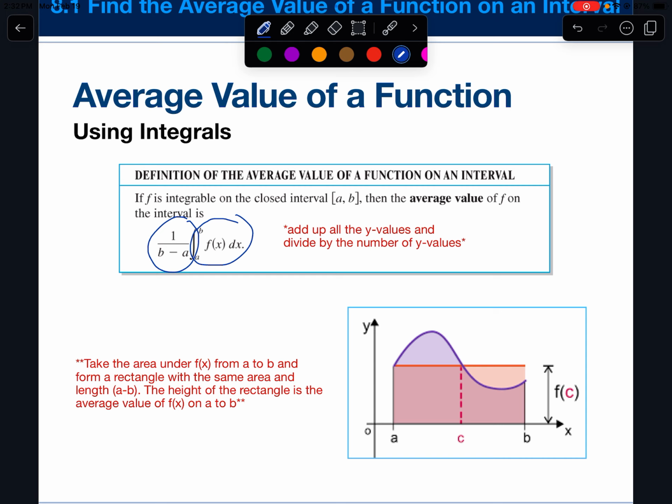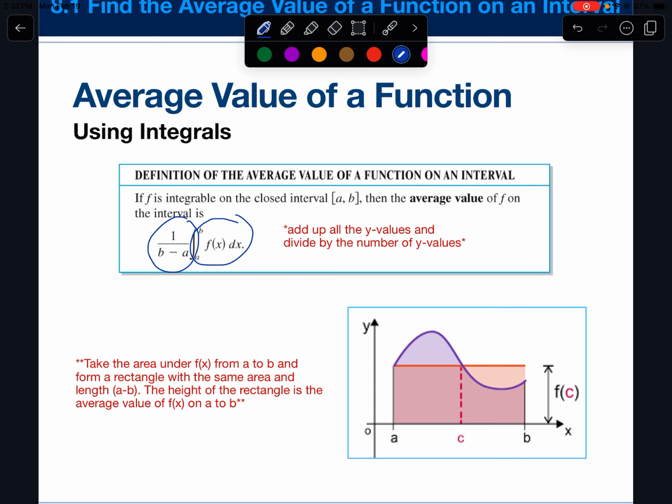From a more graphical perspective, and this image does a decent job of showing it, to find the average value of a function f of x on a given interval from a to b, remember that's kind of the average height or the average y value, what we can do to visualize this is take the area under that curve f of x from a to b and stretch it out to form a rectangle with the same area and the same length, that length going from x equals a to x equals b.